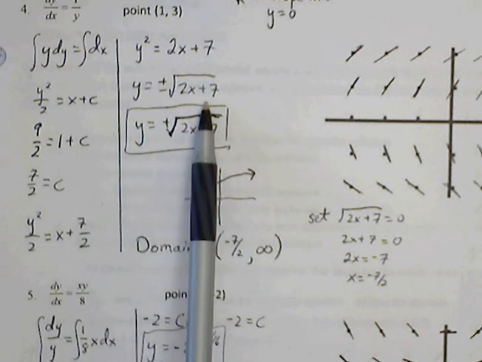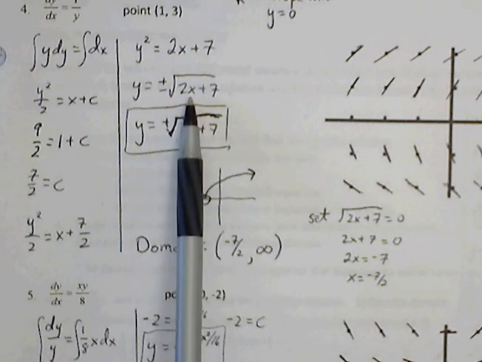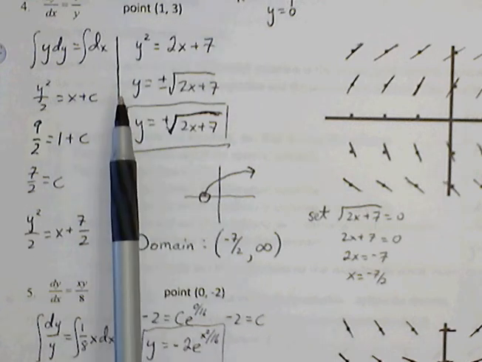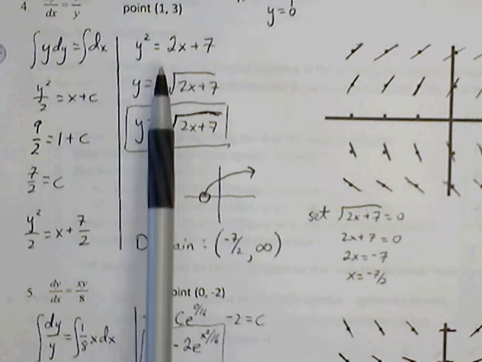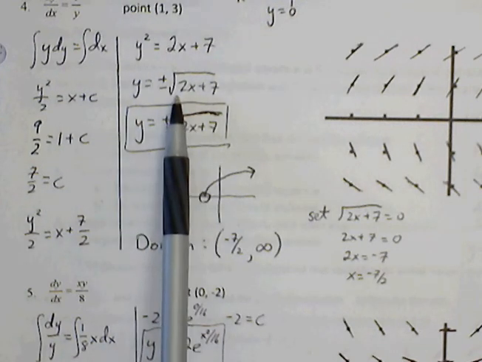These are two separate functions, and we want to determine which one will satisfy this ordered pair 1, 3. So if I plug 3 in for y and 1 in for x, it should be obvious that I'm going to be choosing the positive, right? This is the only one that will make sense.